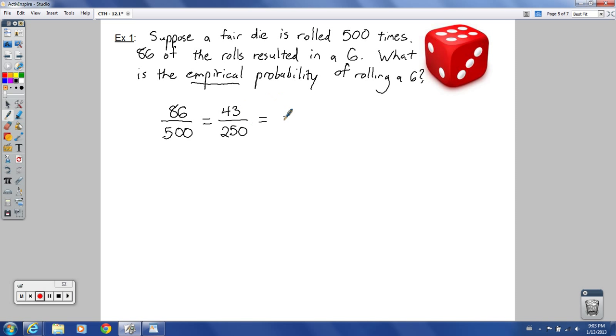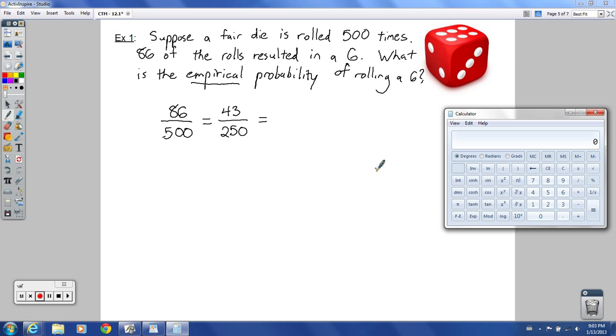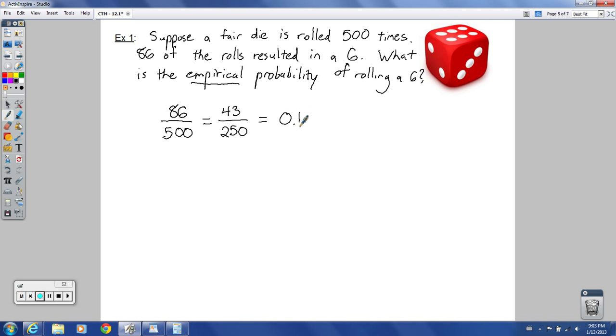If you're going to write this as a decimal, put this into a calculator. I'll bring up the calculator here, and you have 43 divided by 250. You could have done 86 divided by 500, you get the same thing either way, so 0.172.